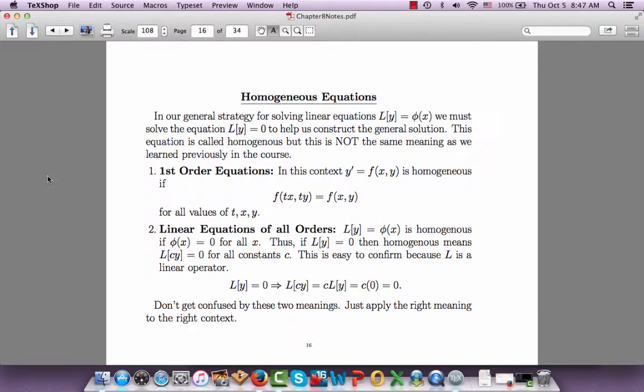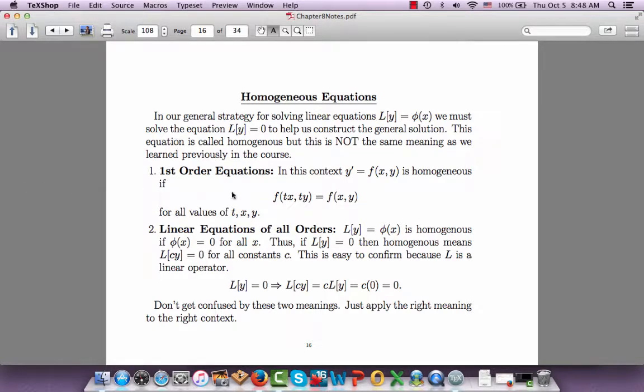Alright, so now I want to talk about homogeneous equations, and mainly to just try to help you avoid being confused about this word homogeneous. We saw earlier in the course that there were first order homogeneous equations, and they had a specific format.